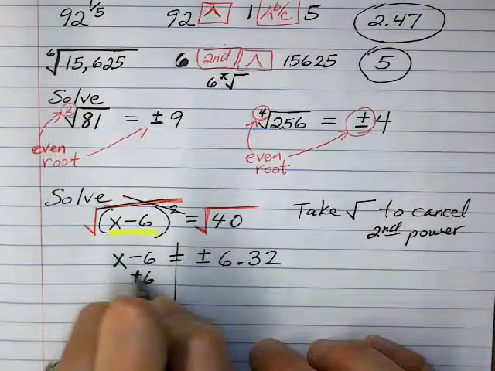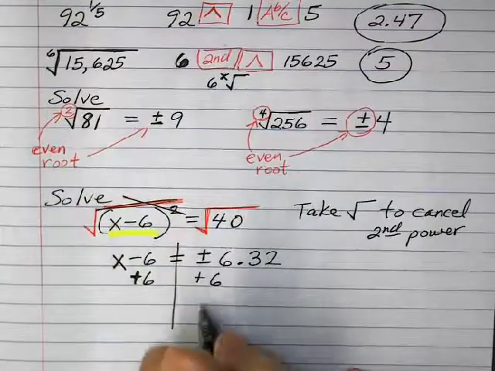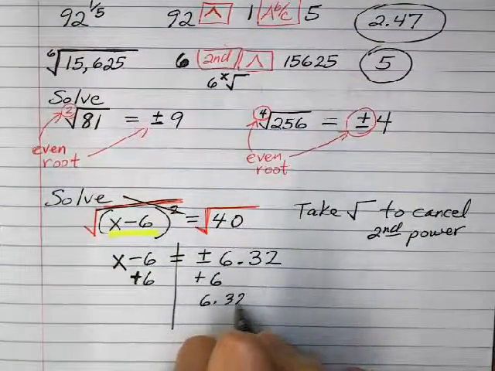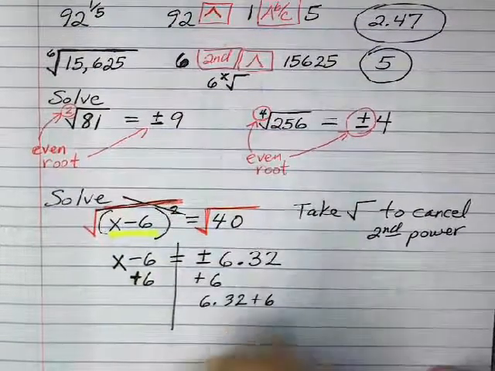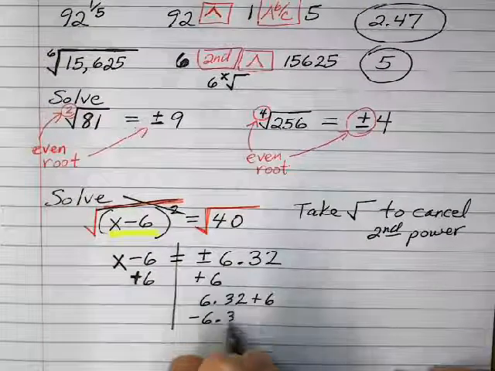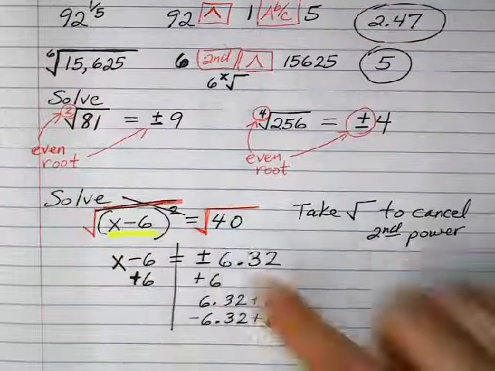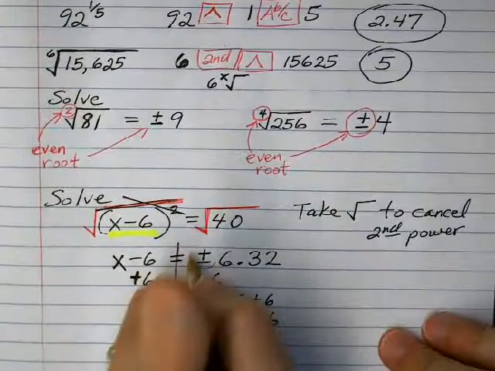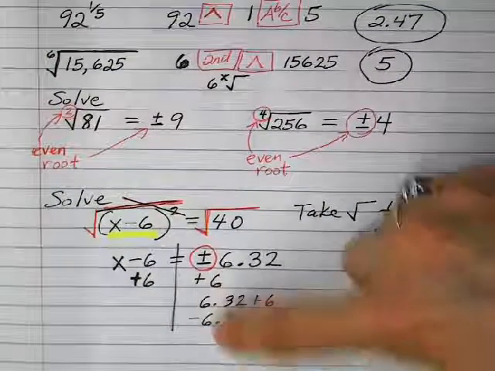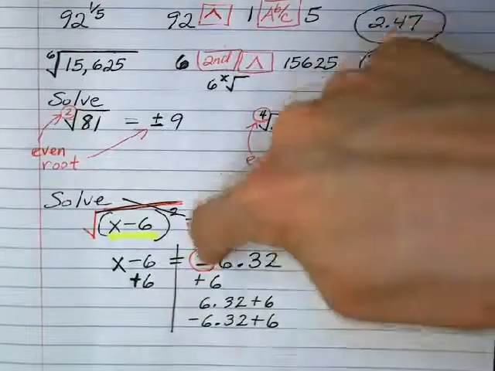So you have to take 6.32 plus 6, and you have to do negative 6.32 plus 6, because of the plus and minus thing. One's positive 6.32 and one of them's negative 6.32.